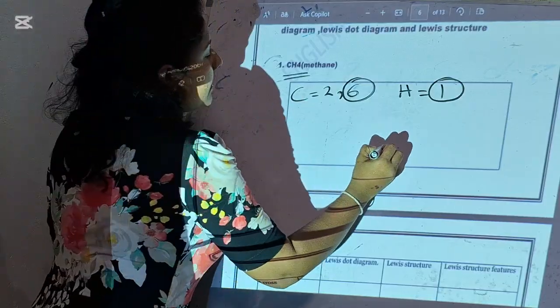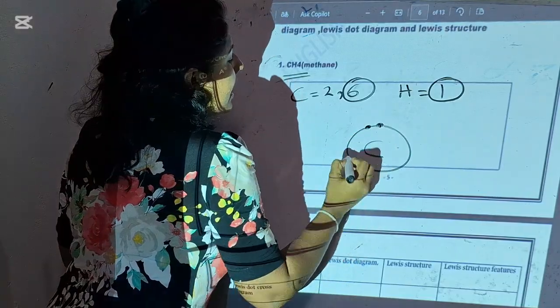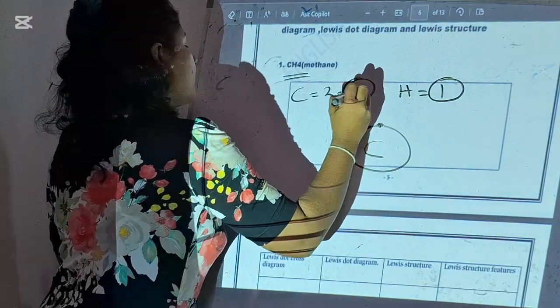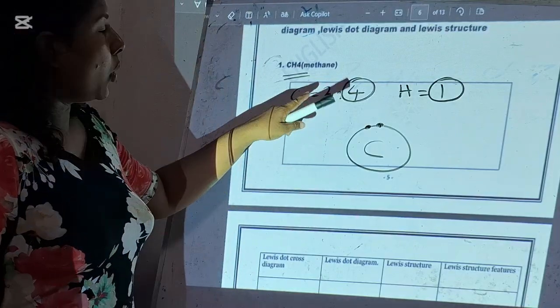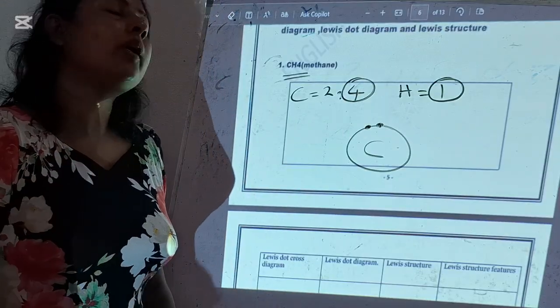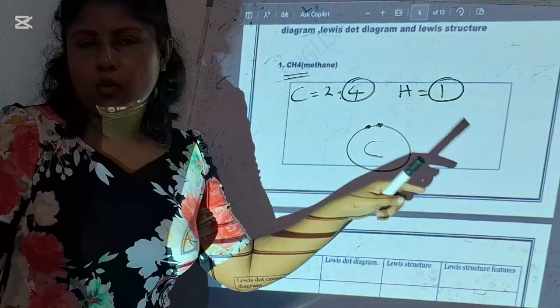So around carbon there are 6 electrons in the last shell. Sorry, not 6, that is 4. I forgot that carbon is in 6th place. It has the electronic configuration 2, 4: first shell 2, second shell 4.